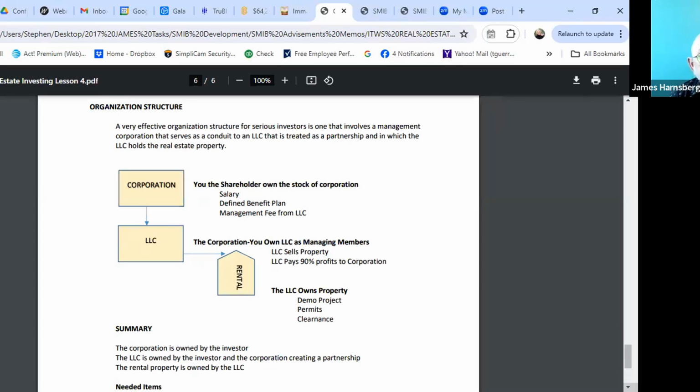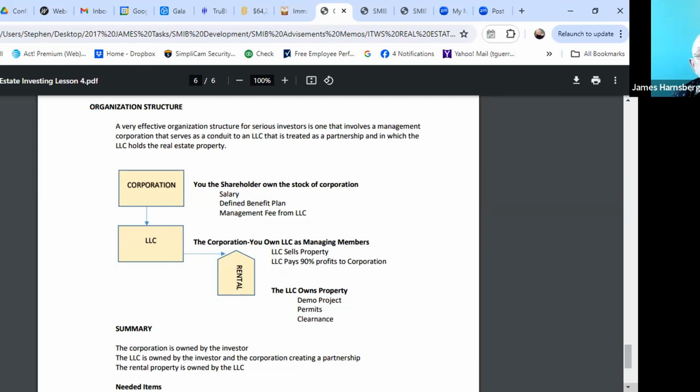Then you have an LLC, a specific purpose LLC. The corporation and you, or the corporation and you and your spouse, own the LLC as managing members. The corporation owns 10%. You and the spouse own the other 90%.